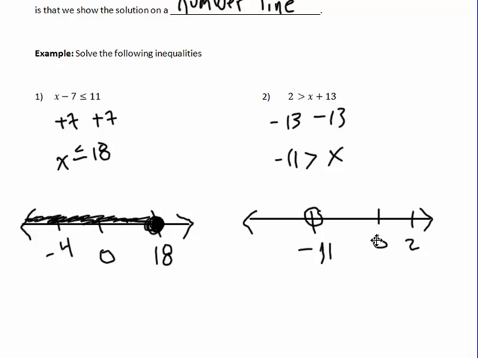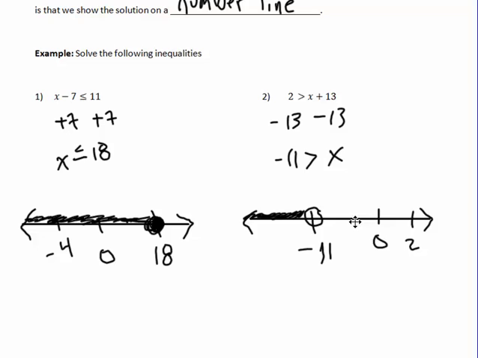Well, here's 0. 0 is clearly to the right of negative 11. So if I put a 0 in for x, is negative 11 bigger than 0? No, it is not. So then I shade to the other side, away from 0.